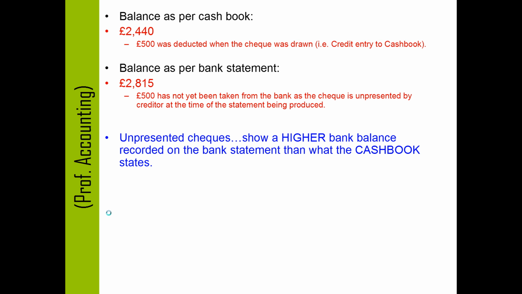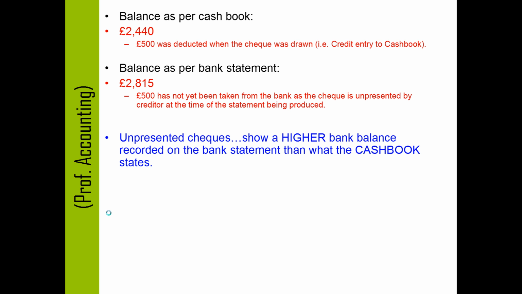So you've got one of these values, the cash book or the bank statement, being affected, and the other one isn't affected until some point in the future when the cheque is cashed by the creditor. So to clarify, to see if there's any discrepancy or error, we have to, in this case, add back to the cash book balance what we took off previously.